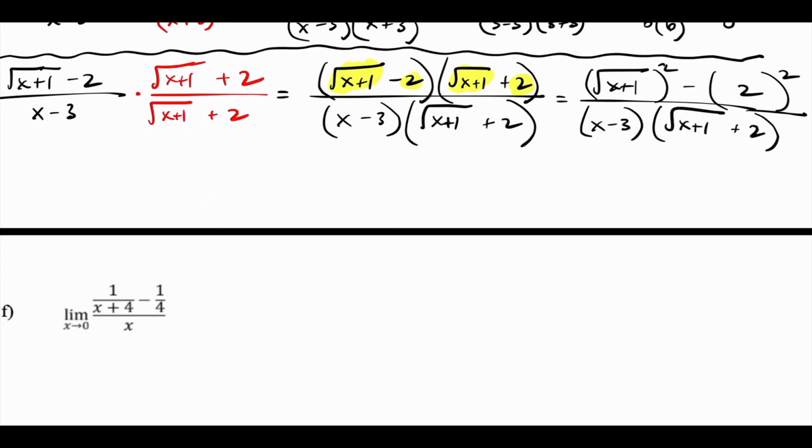What happens when I square a square root? Exactly. The square root just goes poof, right? So this guy here is just going to lose the square root and just become x plus 1. And what's 2 squared? Bottom, I haven't done anything with.